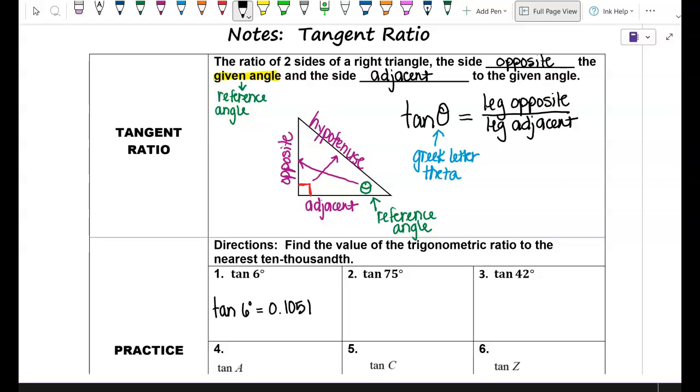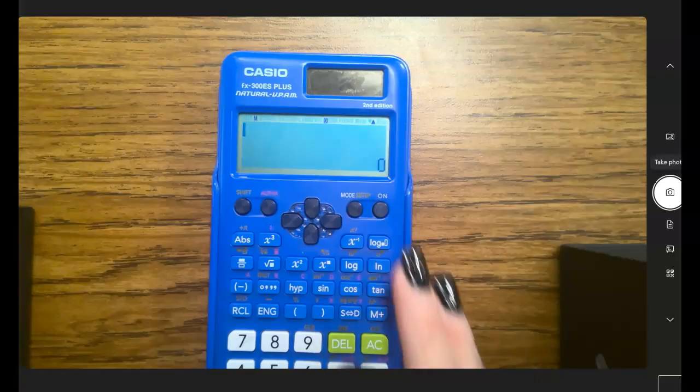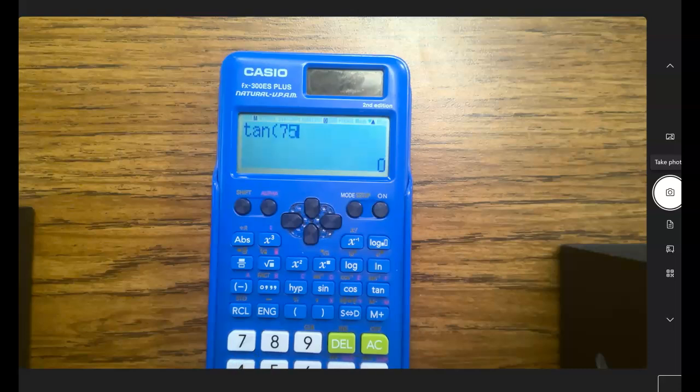Okay, the tangent of 75 degrees. Again, this is just about making sure we're using the correct keys on the calculator. So again, I hit my tangent, type in my 75 in my parentheses, and then I hit return.